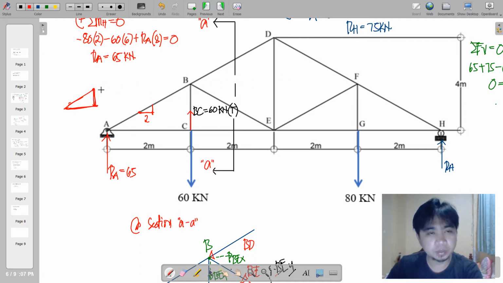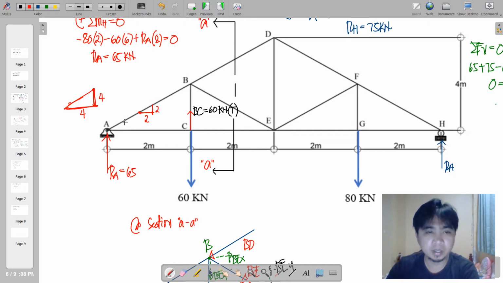If this is the king post, this is a 4, and for the base, it is also 4. Therefore, the slope is 1:1, and whatever the vertical slope is, that is also equal to the horizontal slope. So if we have 2 here, this is also equal to 2.